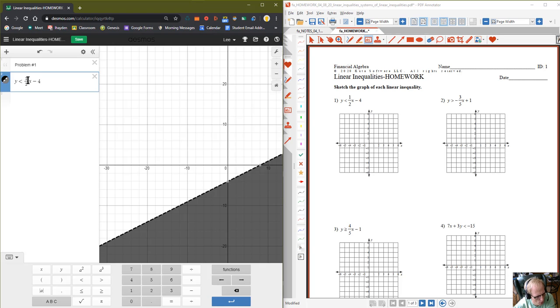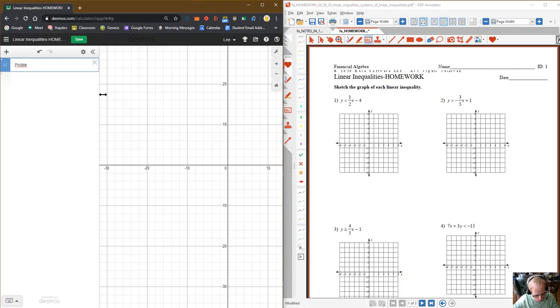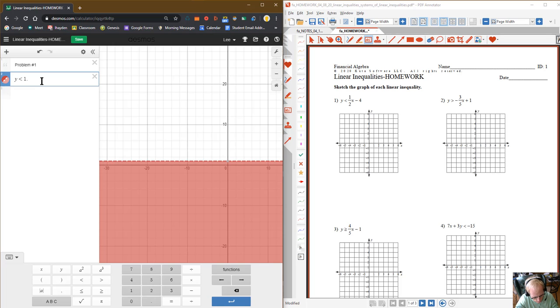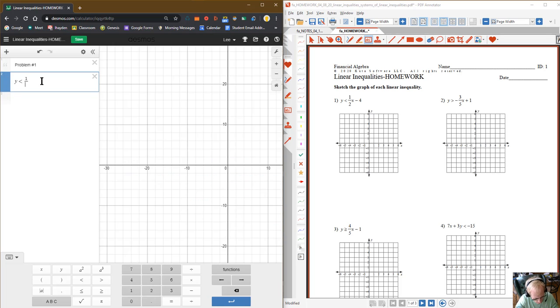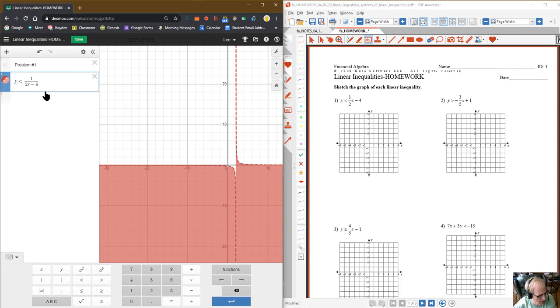Now the important thing to know, especially when you're doing something in slope-intercept form and the slope is a fraction: if I just start typing y less than 1 divided by 2 x minus 4, notice that after I type the 2, if I just type in x, Desmos will think the x and the 2 go in the denominator, not just the 2.